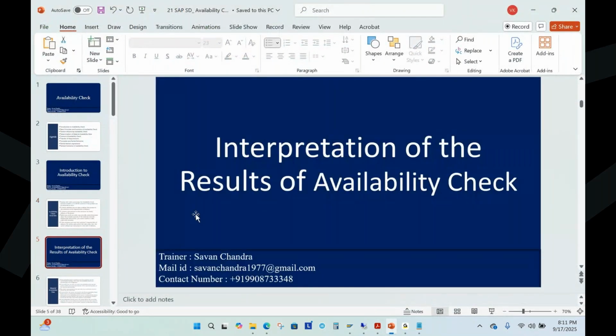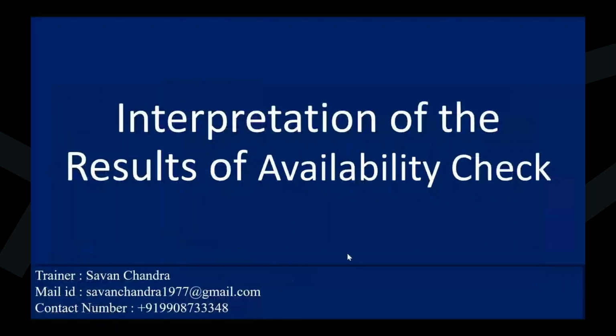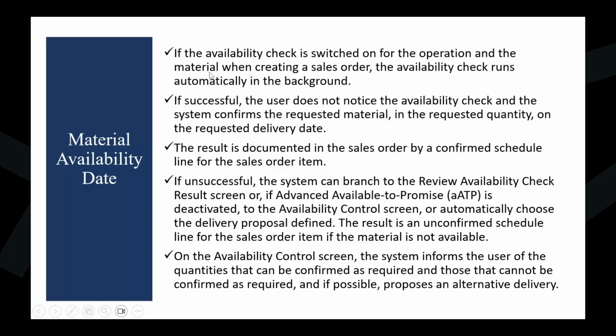Now we will talk about interpretation of the results of availability check. How you need to interpret the result of the availability check. If the availability check is switched on for the operation and the material, when creating a sales order, the availability check runs automatically in the background. So normally the system will run availability check in the background, provided you make the settings.